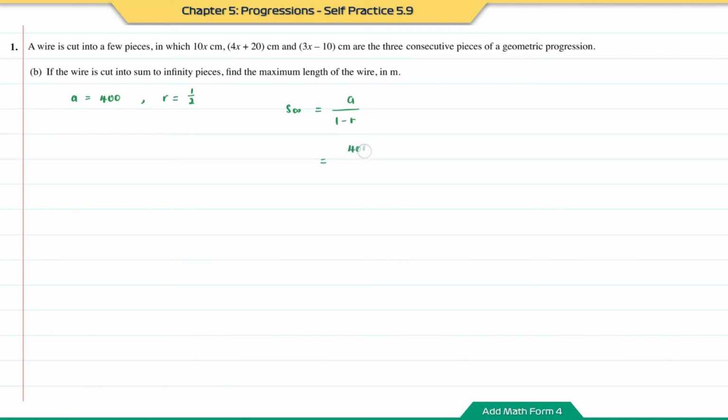So A is 400 divided by 1 minus 1 over 2. Solve this using your calculator, you'll find that this is equal to 800 centimeter. And question B wants the answer in meter. Therefore, 800 centimeter is equal to 8 meter.